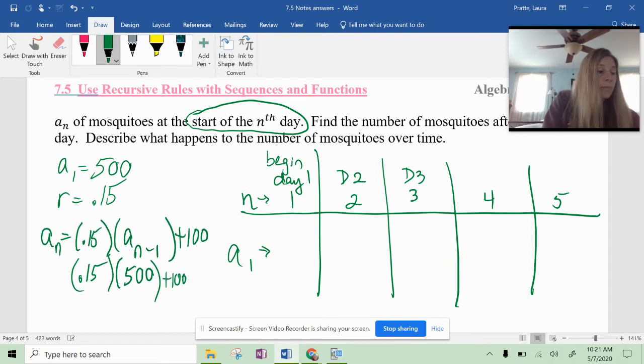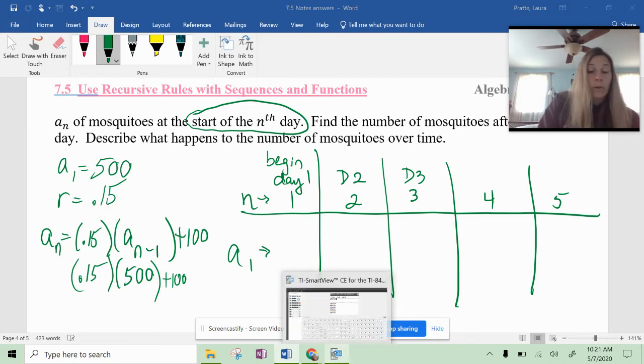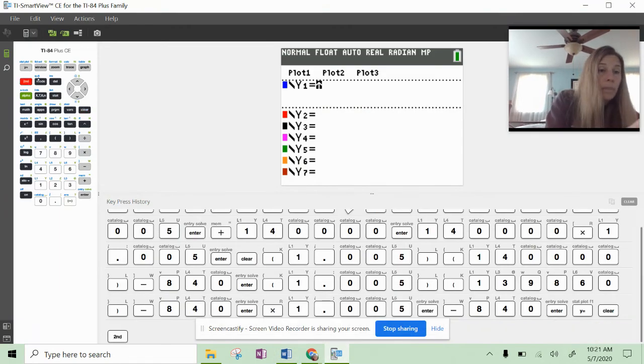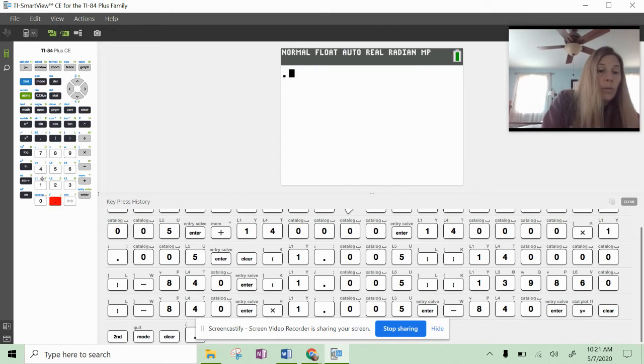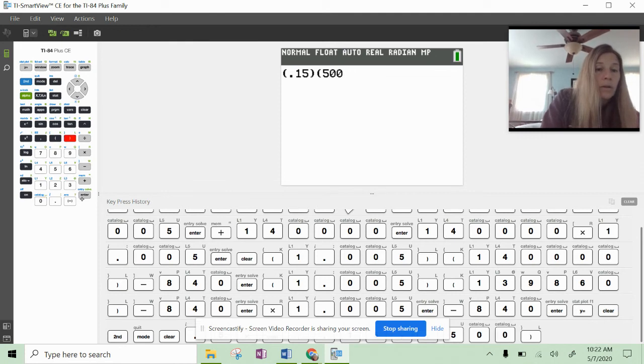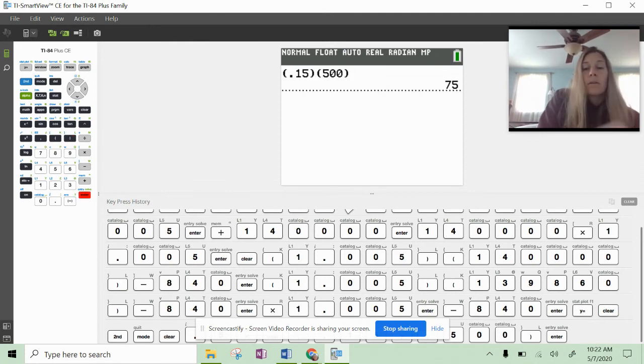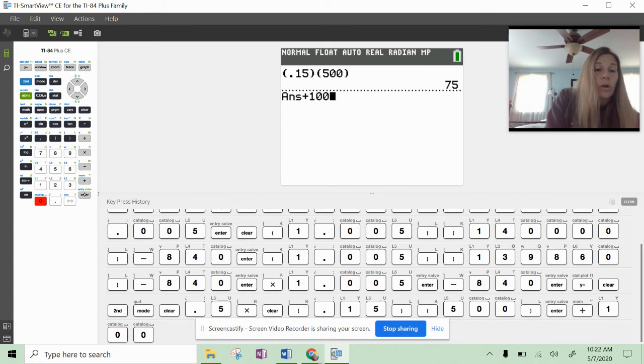And this is where your calculator is going to come in. So you're going to do 0.15 times the 500. So at the end of the day, you have 75 of the original mosquitoes left, plus you hatch 100 more.